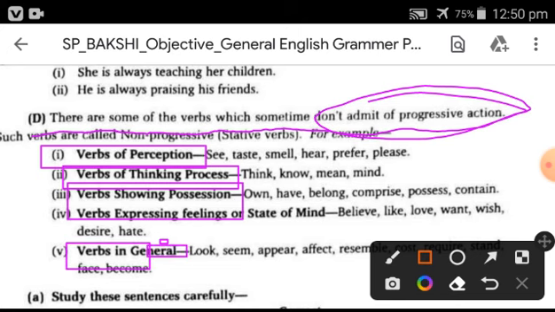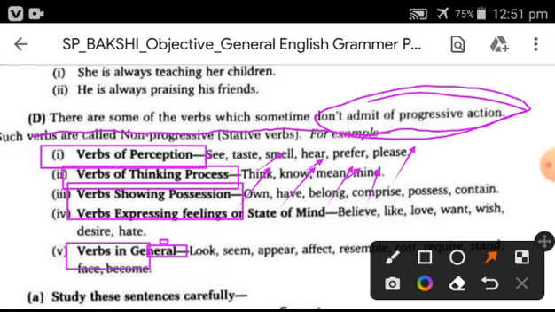Verbs of perception mean see, taste, smell, hear, prefer, please, and the verbs of the thinking process mean think, know, mean, mind, and verbs of possession mean own, have, belong, comprise, possess, contain, and verbs of expressing feeling, or you can say state of mind, mean believe, love, hate, wish, want, desire, and many more.